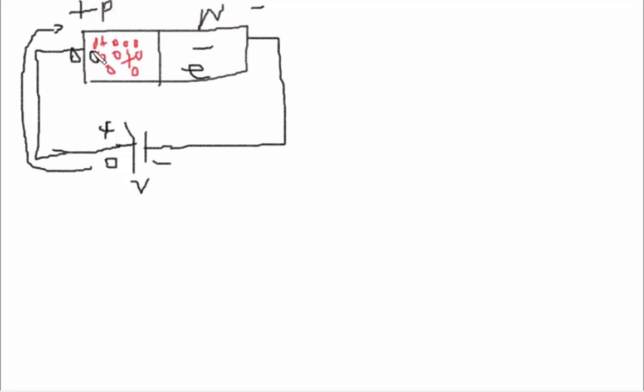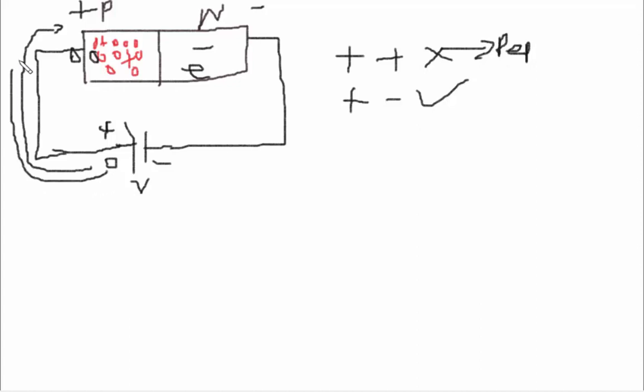they also try to go here, but we know that positive and positive never attract, positive and negative attract, so they repel each other. If the amount of voltage increases here, it repels, so it goes in this direction.